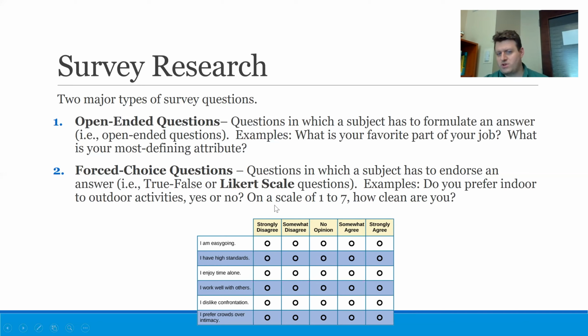Strongly disagree, somewhat disagree, no opinion, somewhat agree, strongly agree. These anchors, these terms up here vary a little bit, but the general structure of the Likert type scale is pretty similar. And you've seen these things everywhere, right?